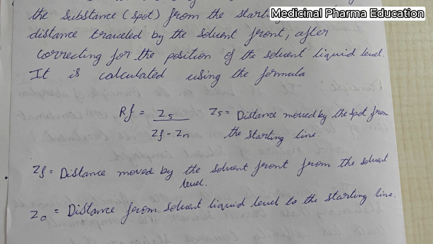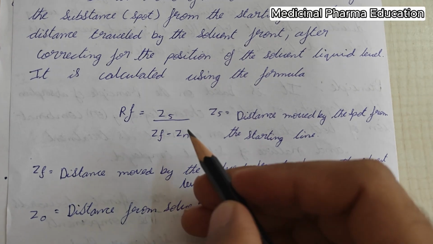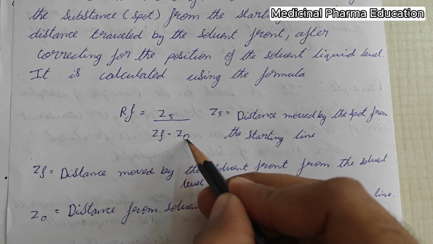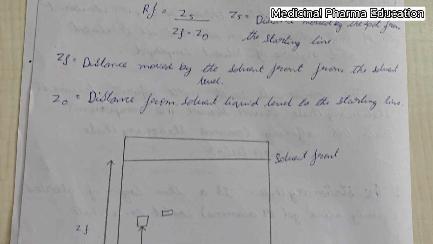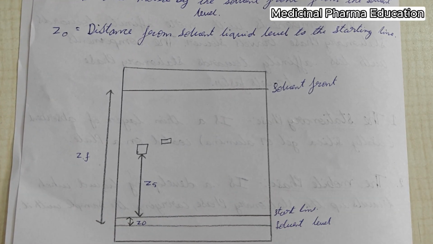This is the formula used. It can be Z0 or Zn; you can change the terms. This is the basic principle involved, by which we calculate how much the solvent has moved.